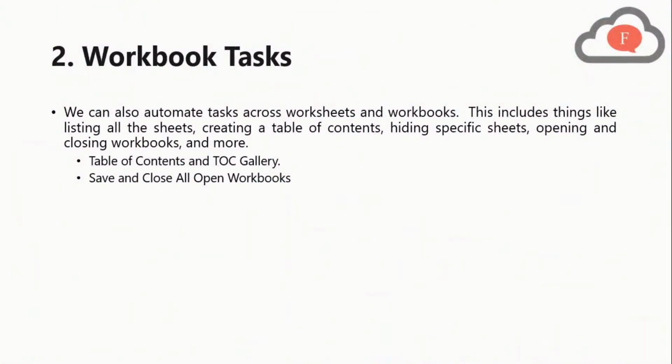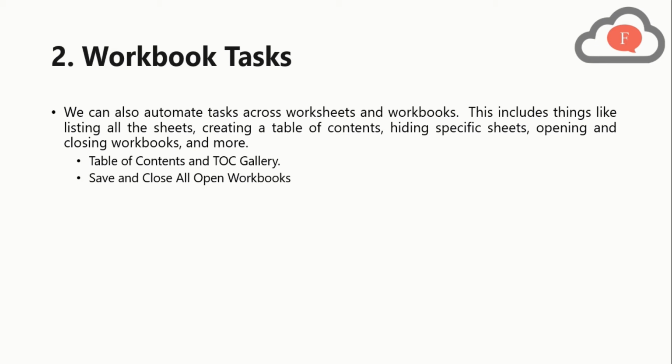Secondly, we will talk about the second option that you can use as a practical use of the macro, that is workbook tasks. In workbook tasks, we can also automate tasks across worksheets and workbooks. This includes things like listing all the sheets, creating a table of contents, hiding specific sheets, opening and closing workbooks, and more.